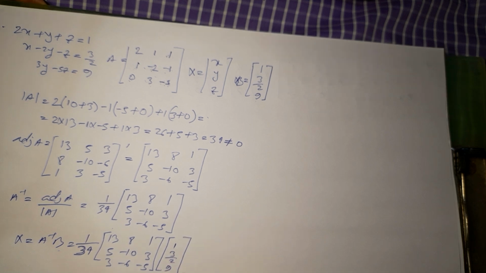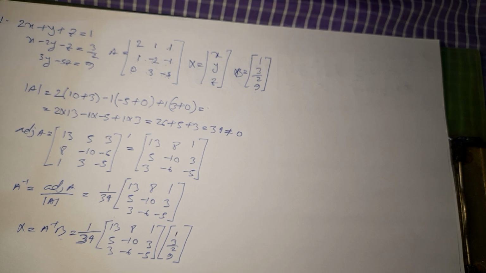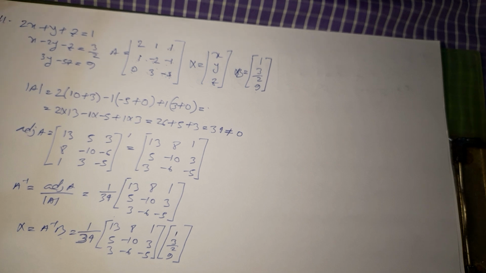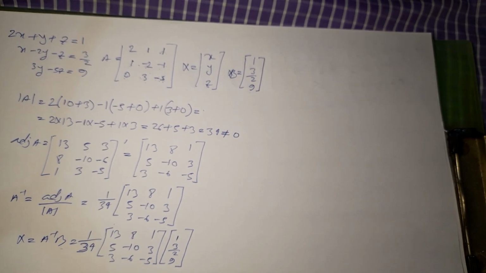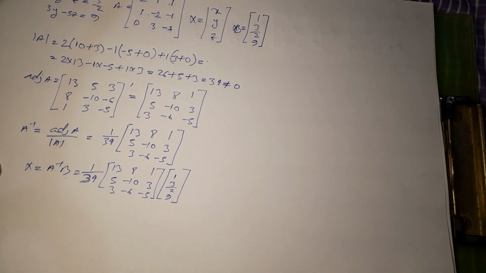We have to multiply these numbers. There is a fraction, but it will be removed. So while multiplying, keep the 1 by 34 outside and multiply the row and column.